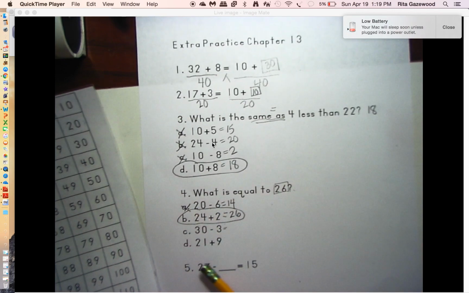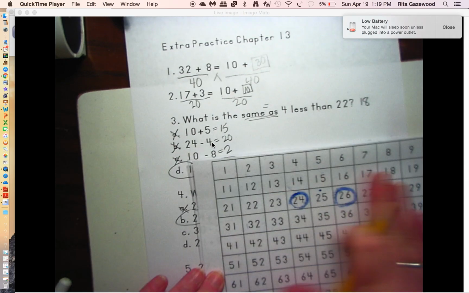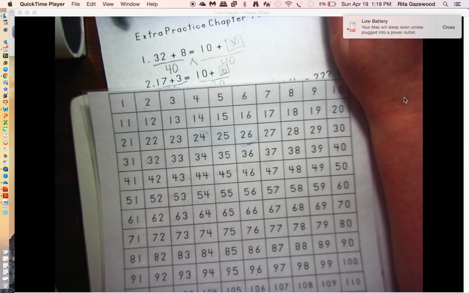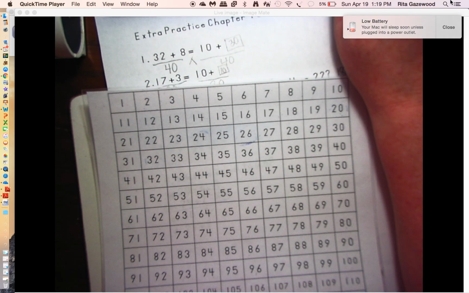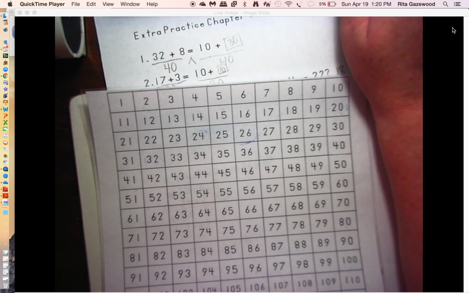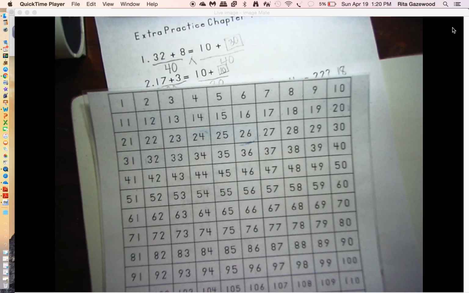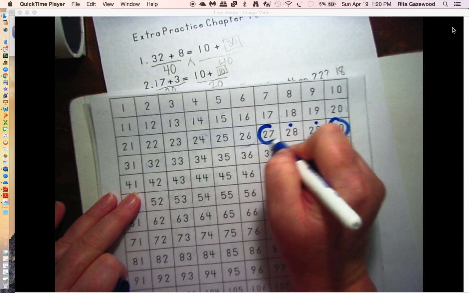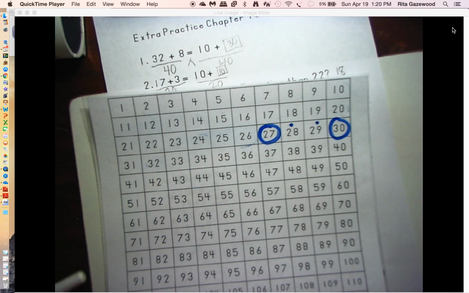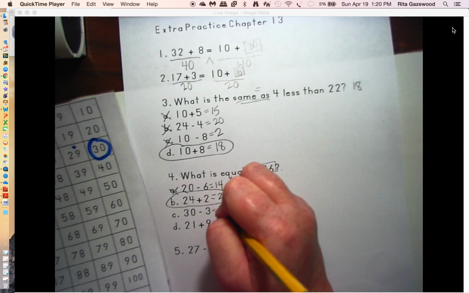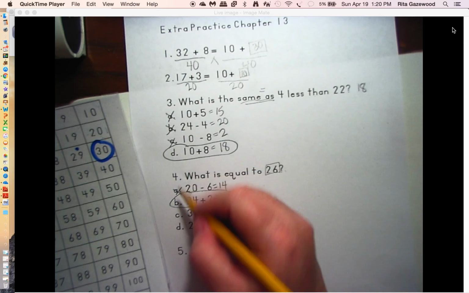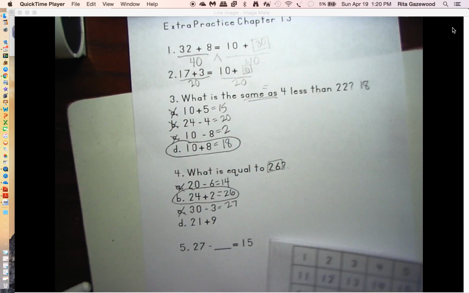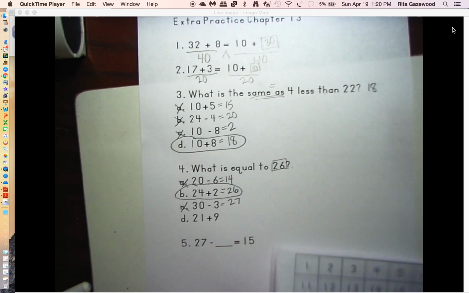So 30 minus 3. So I'm going to find my 30, and I'm going to subtract 3. So 30 minus 3. 1, 2, 3. What did I land on? 27. Close, but not the same. All right, and the last one says 21 plus 9.